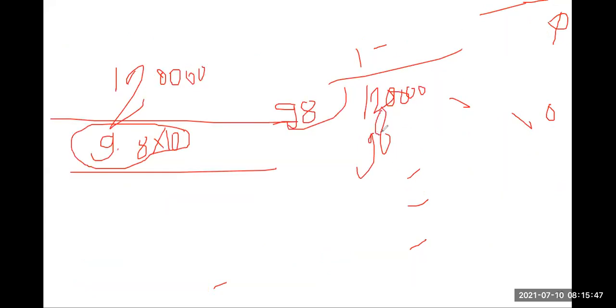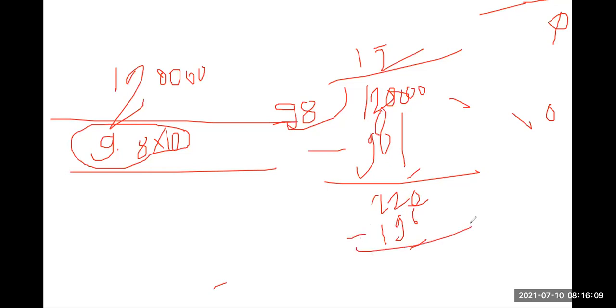Okay, we have to take 98 ones are 98. So subtract this from 120. We'll get here 22. Now here we have to take this 0, 220. 98 twos are 196. If you know the table, you can do it.